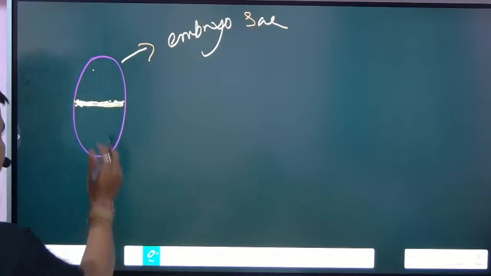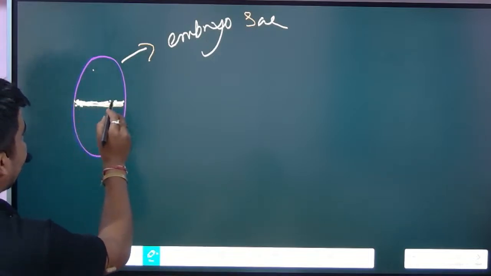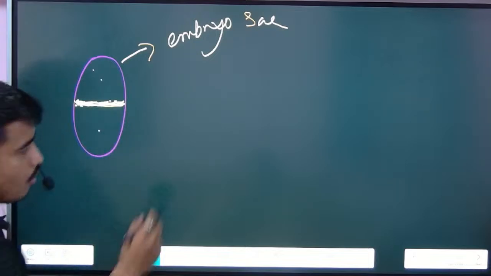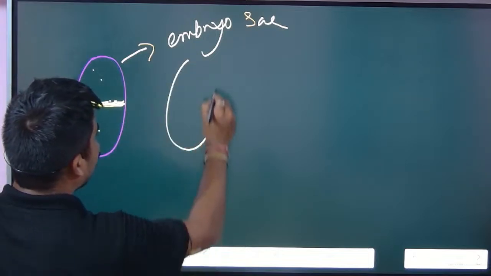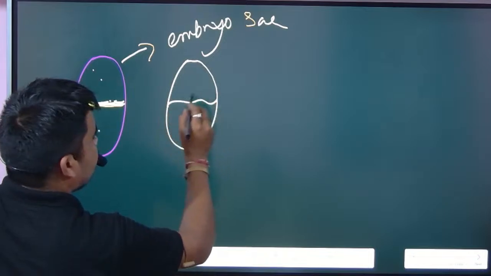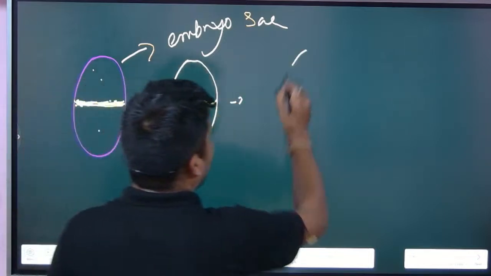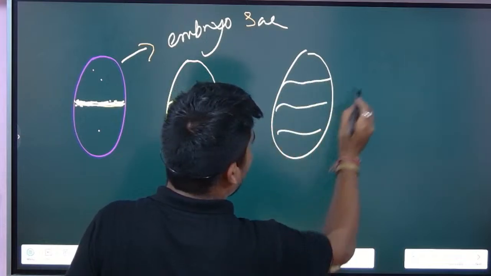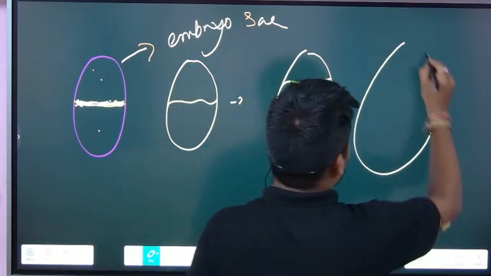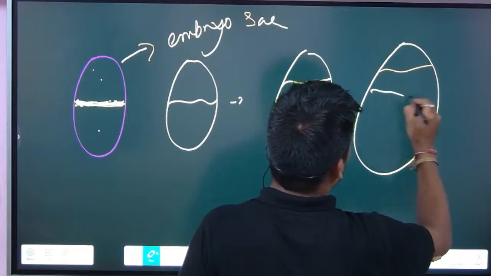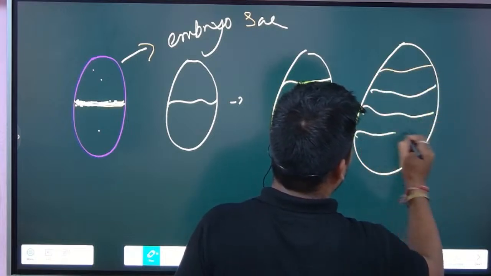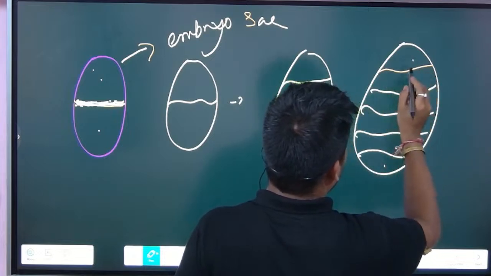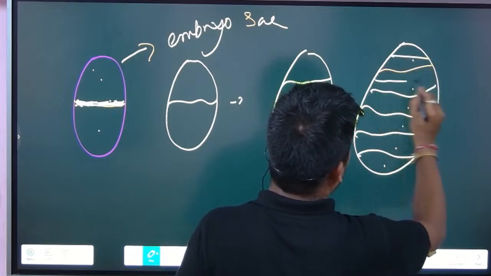So here a single cell will create, first of all, two cells. Then it will create four cells, and then eight cells.